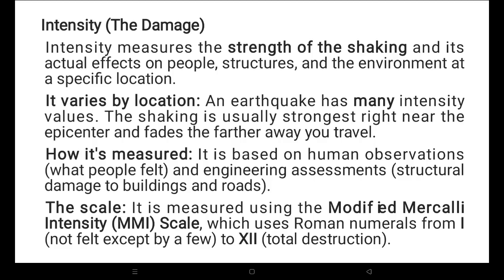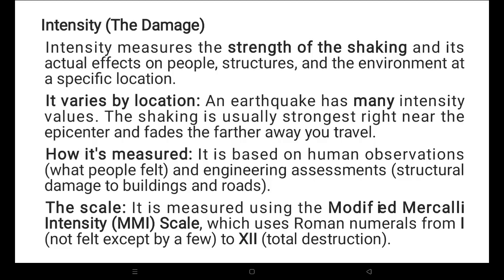So how is it measured? It is measured by observation and engineering assessment of how the structural infrastructure has been damaged. For example, is there any small crack in a building, or has the whole building collapsed, and is there any small fracture in the road, or has the road been destroyed.